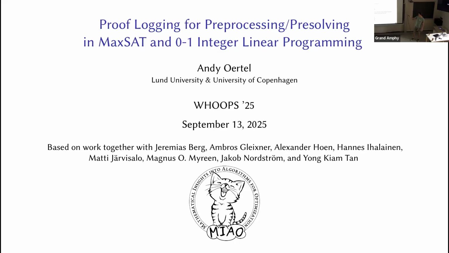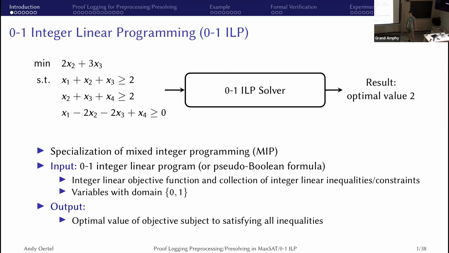So we are looking especially at optimization problems, and two optimization problems specifically. Let me introduce them to you. The first one is 0-1 integer linear programming. I should mention that this is a specialization of mixed integer programming, which you might know. The problem is that we are given an integer linear objective function that we want to minimize.